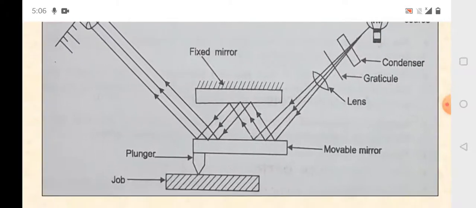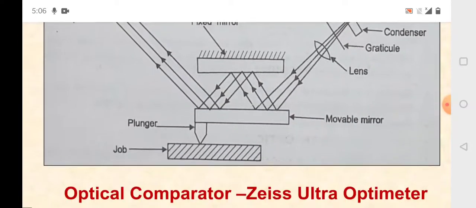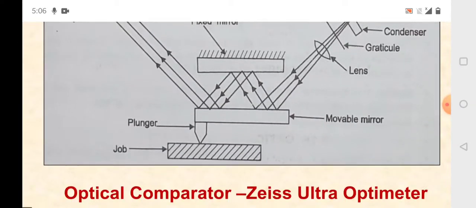As we can see here, through this optical arrangement, from the light source and the lenses, the rays impinge on this movable mirror. This mirror is movable, connected to a plunger which comes in contact with the workpiece. As there is variation in the dimension, the plunger will move up and down and tilt this mirror by some angle.